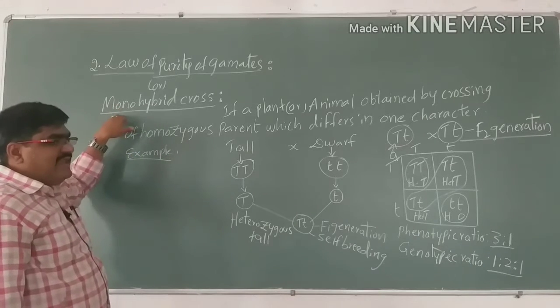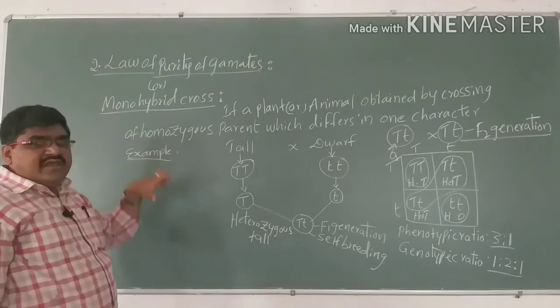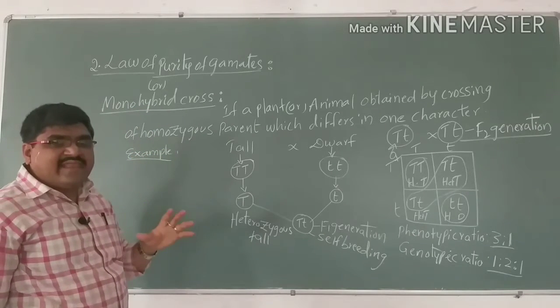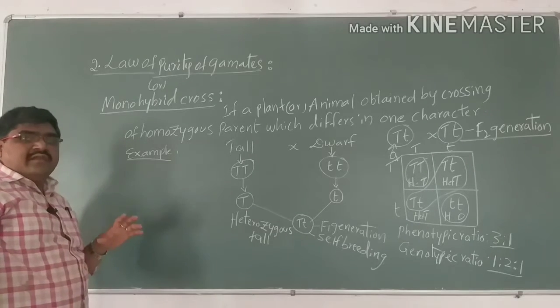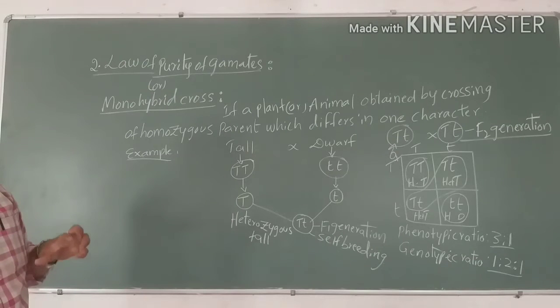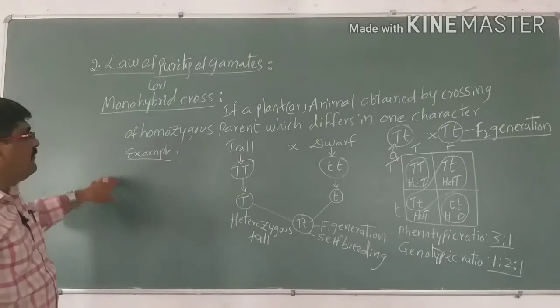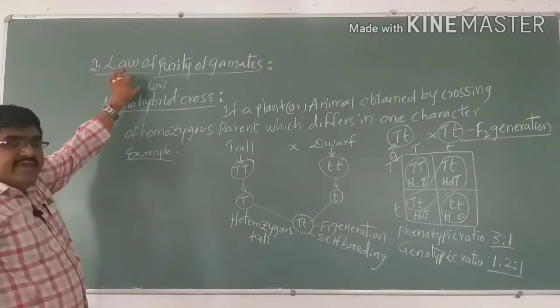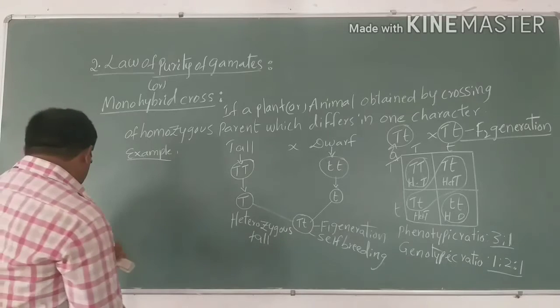Mono means single, hybrid means when two parents are crossed, we produce only one character, either tall or dwarf. So this is called the monohybrid cross, or the law of purity of gametes. This is the second one.